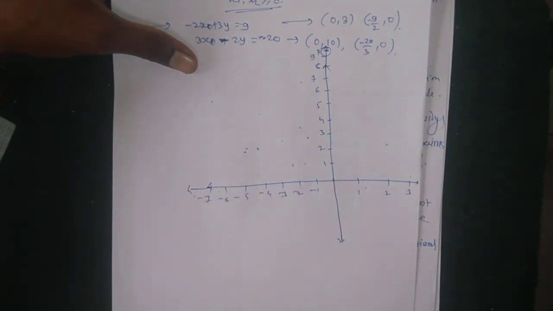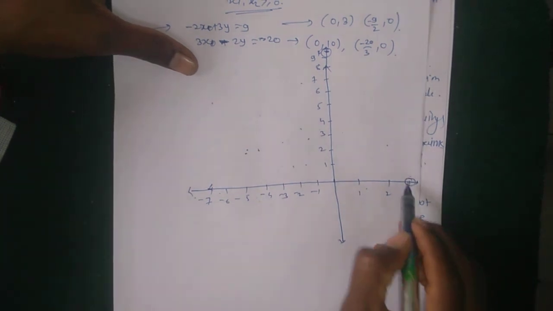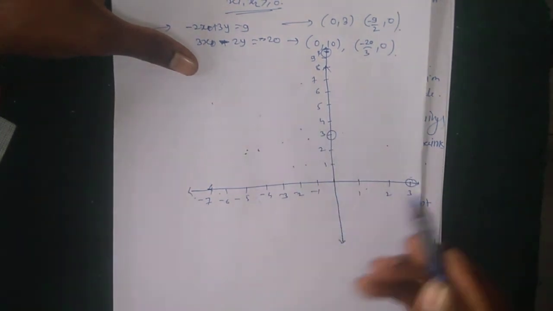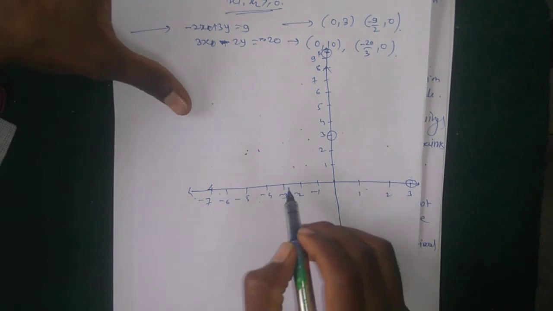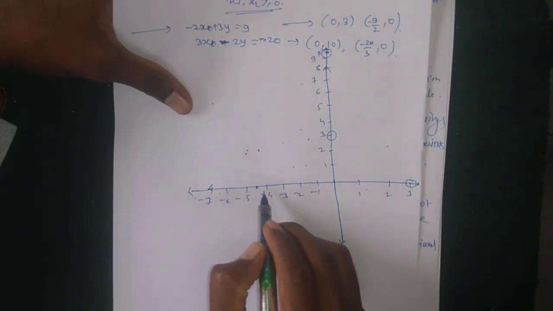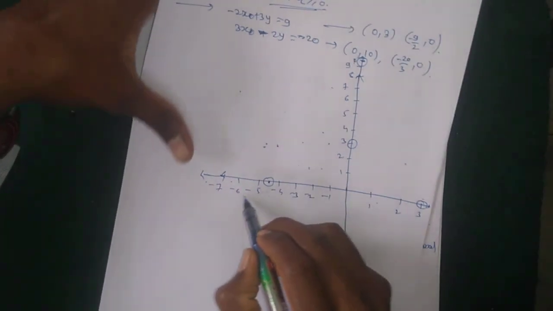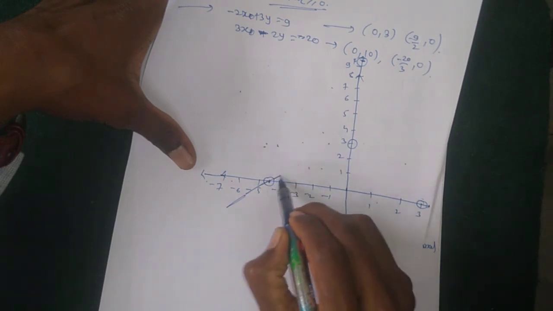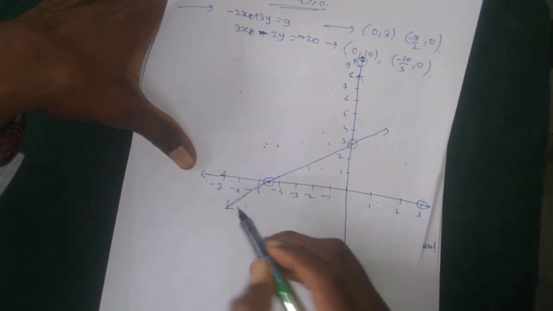In this way, the point 0, 3 and minus 9 by 2, meaning minus 4.5, we join these two points.